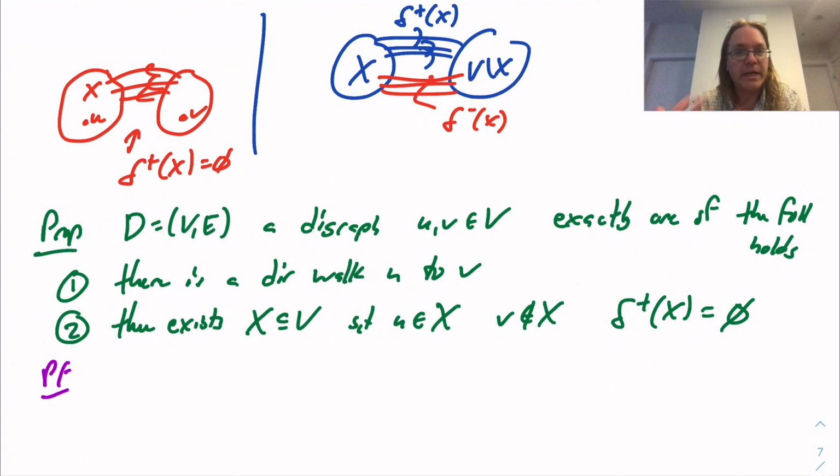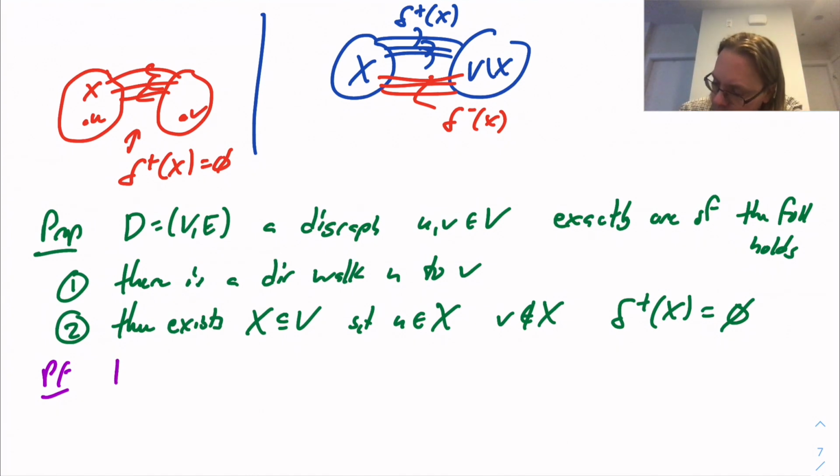I'm going to define a natural set x. Well, this is a thing that we saw back in the undirected graph setting sometimes. I'm interested in starting at the vertex U and taking a directed walk that comes out of U. I'm just going to declare x to be the set of all the vertices you can reach.